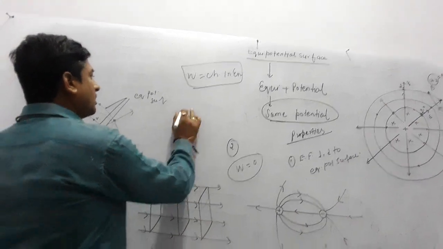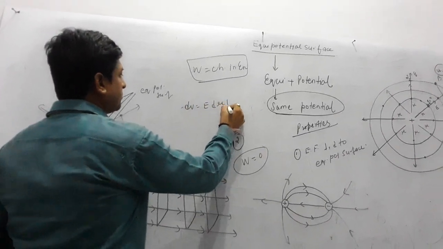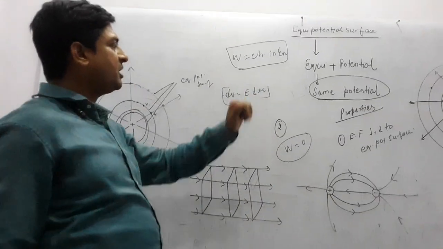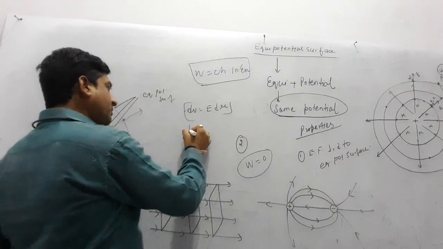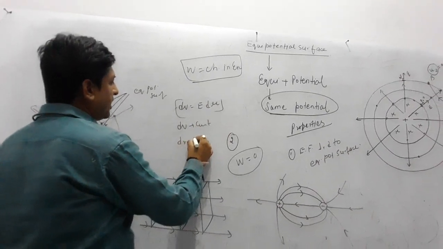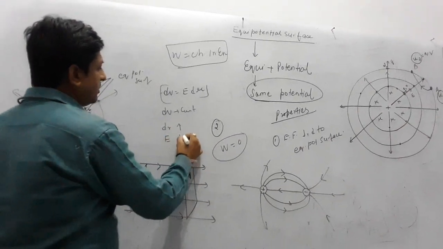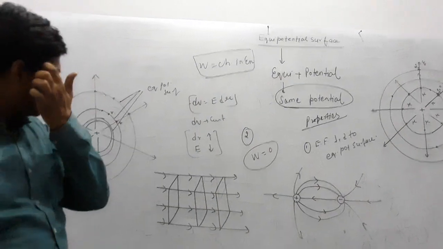My dear students, you all know that E = -dV/dr. Remember this formula, the relation between electric potential and intensity. This formula indicates that if we want dV to be constant, then if dr is increasing, E must be decreasing. Then only we will get constant potential.